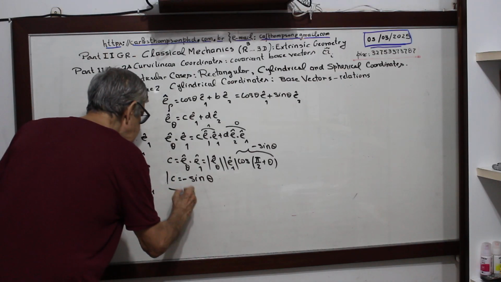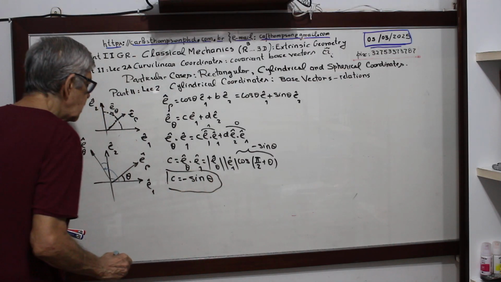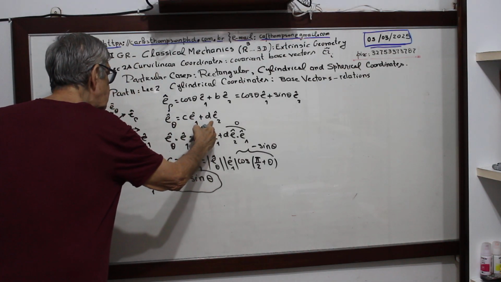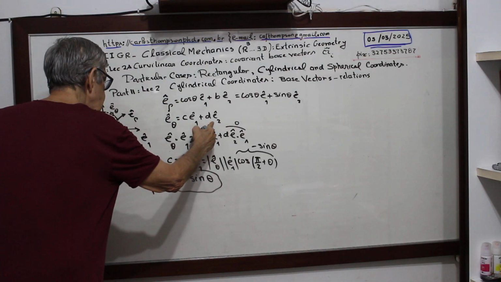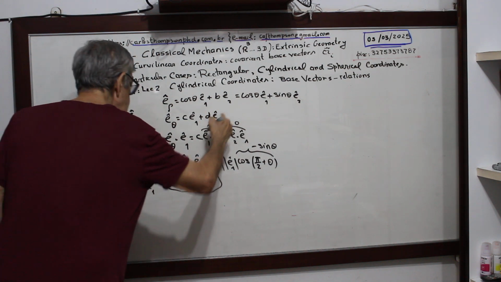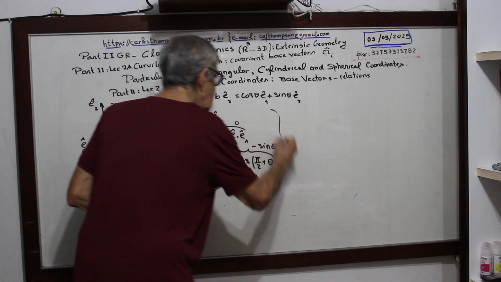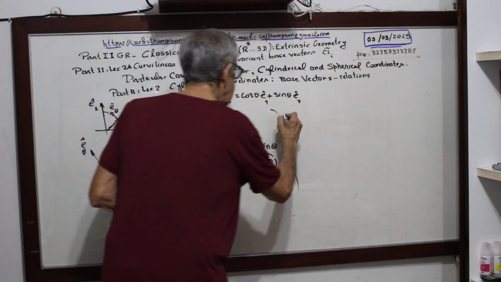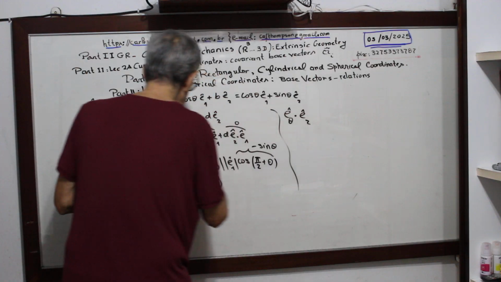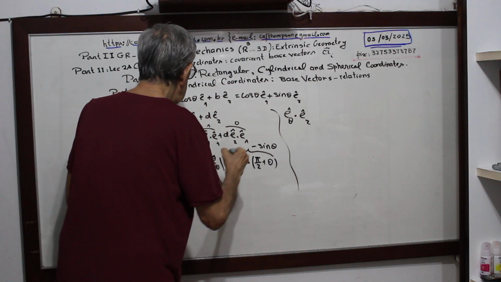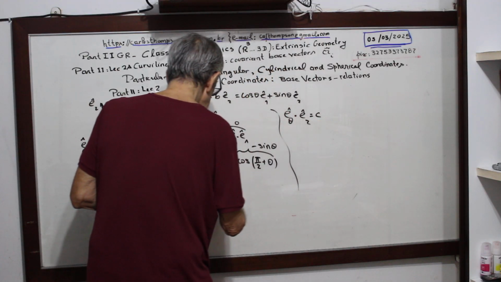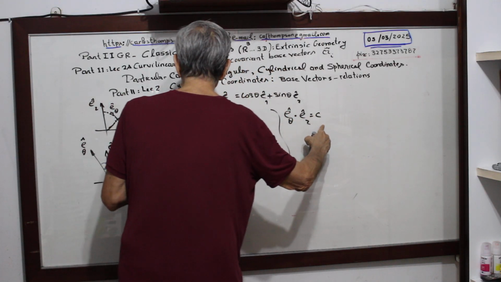Now, you see, it's straightforward. How do I get D? I just multiply both sides by E2. So, E theta dot E2, you see, is equal C. I already got C, okay, but I'll put C over here.